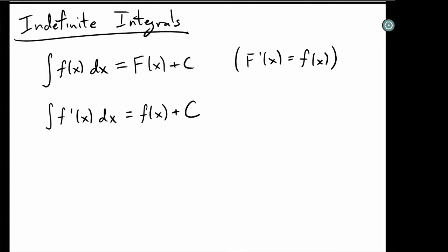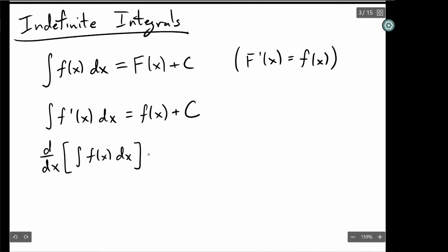Right? And likewise here, what if we differentiate the integral of f of x dx? Well, the answer is actually right here. Right? This inside here would be capital F, and the derivative of capital F is little f. So this one is f of x.